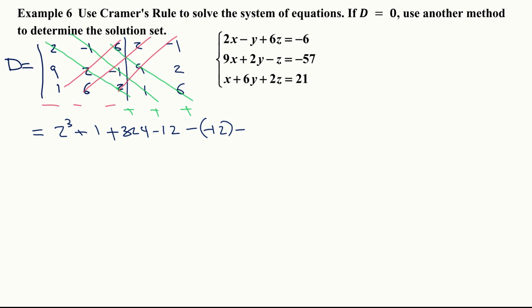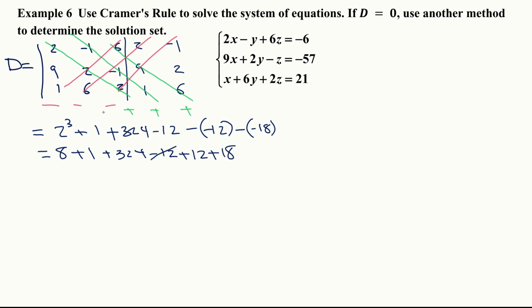And then minus 2 times 9 times negative 1, that's going to be negative 18, so minus quantity negative 18, right? So we end up with 8 plus 1 plus 324 minus 12 plus 12 plus 18.